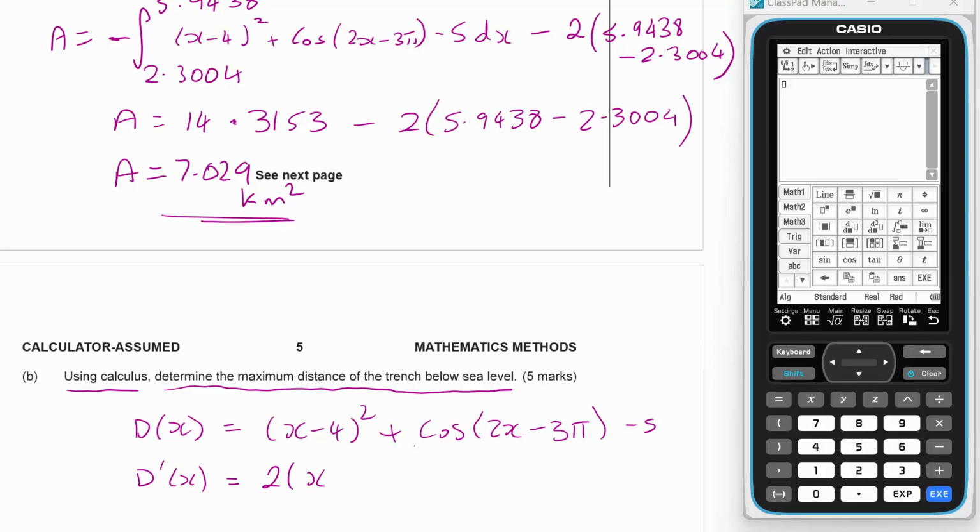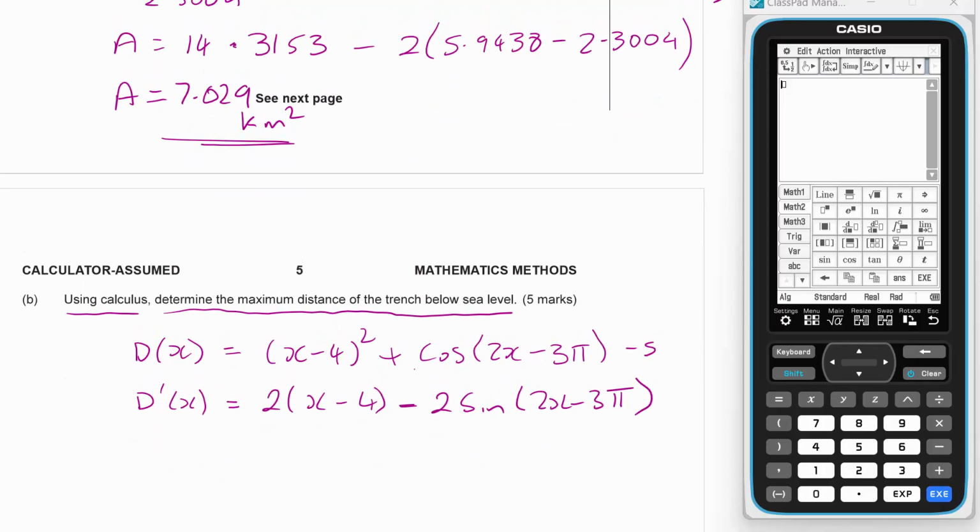It's going to be twice x minus 4. Differentiating cos gives negative signs, so it will be negative, and don't forget to use the chain rule, 2 sine 2x minus 3 pi. And of course, the negative 5 is going to disappear. And we want, of course, d dashed x to be equal to 0.